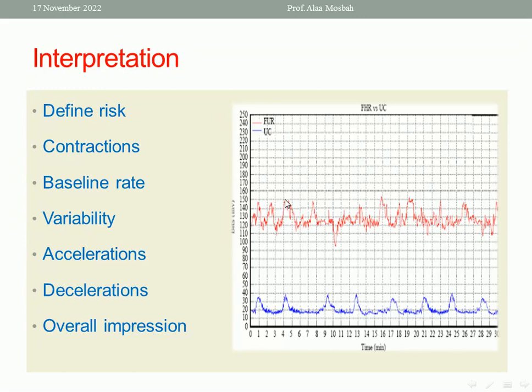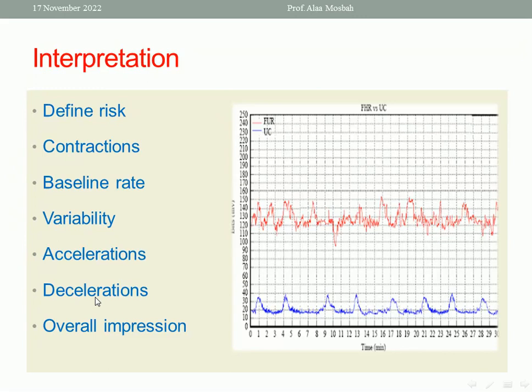So 15 beats per minute or more. This is called acceleration, and this is a good, reassuring sign that the fetal health is good. But its absence in CTG doesn't denote that the baby is at risk. So its presence gives you a good impression about the fetal health, but its absence doesn't mean the fetus is at risk.